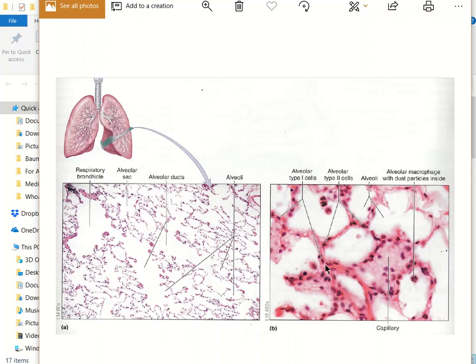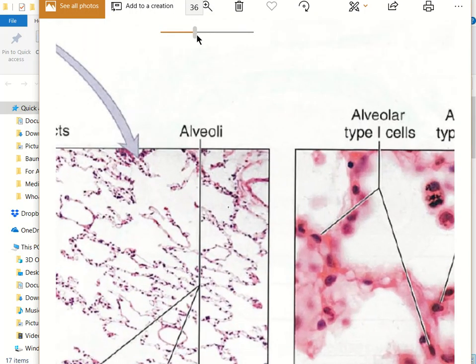So here, the type 1 cells are, let's see if I can zoom in a little bit. Yeah.